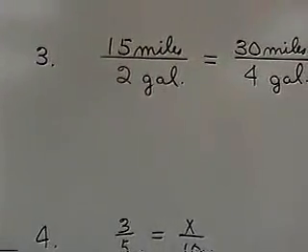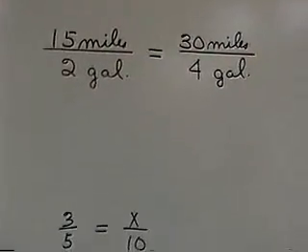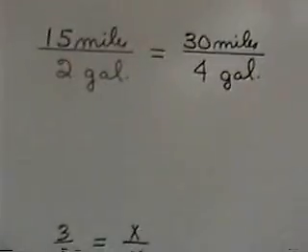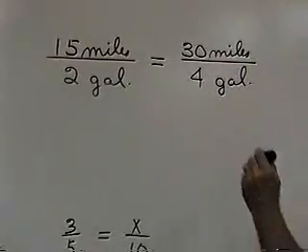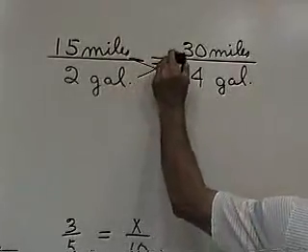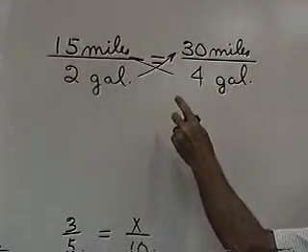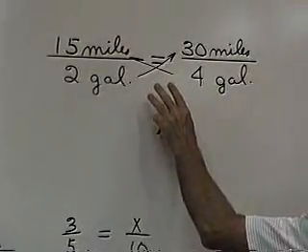Now, notice the words aren't the same. But when you cross multiply, and these give you the same answers, then it's okay to use that. So here's what I'm saying to you. You can write a proportion this way.